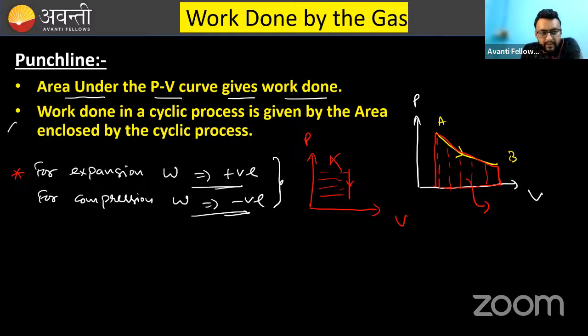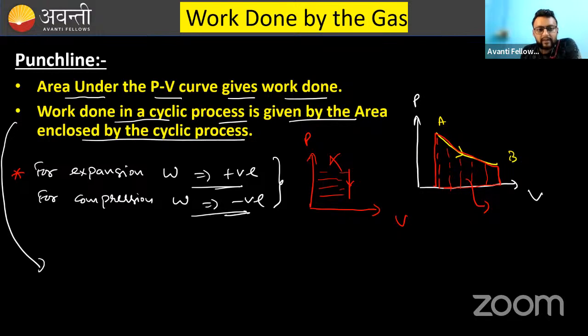Another punchline mentioned here: work done in a cyclic process is given by the area enclosed by the cyclic process. This is again an important thing, the term cyclic process. What is a cyclic process? For example, this is a PV diagram.